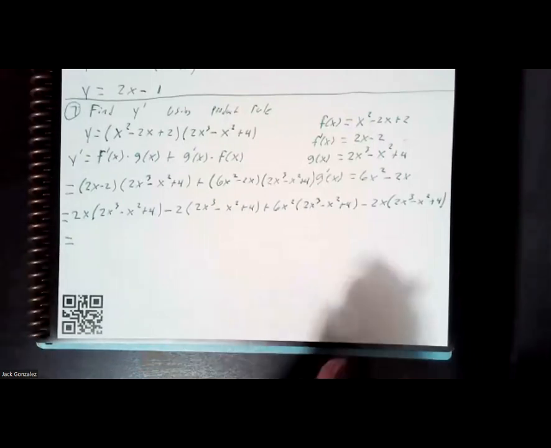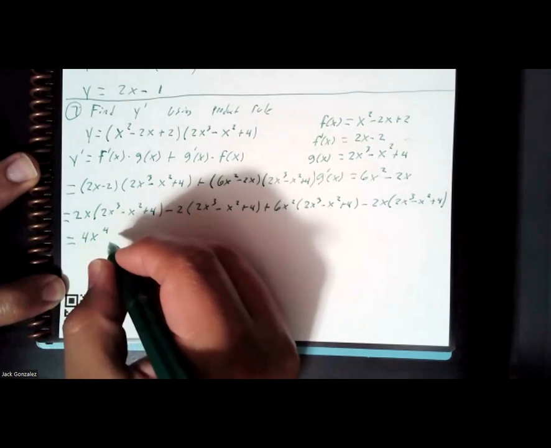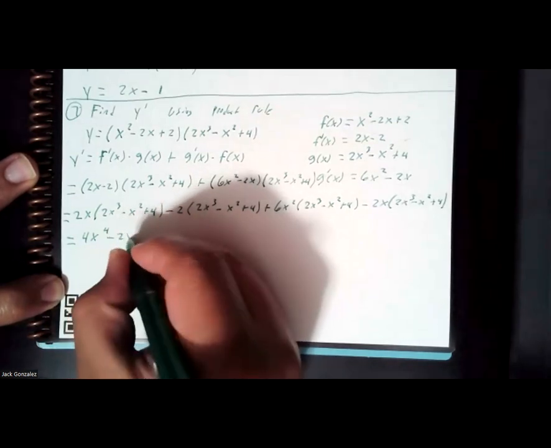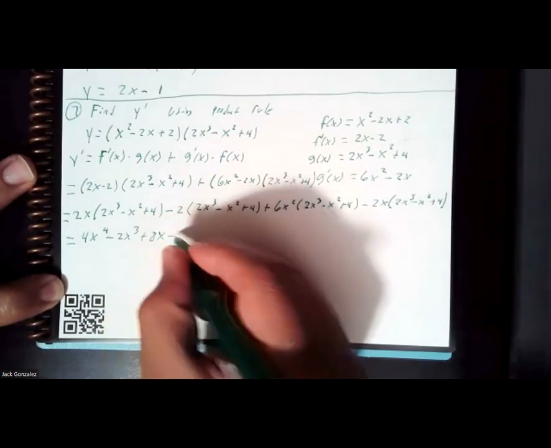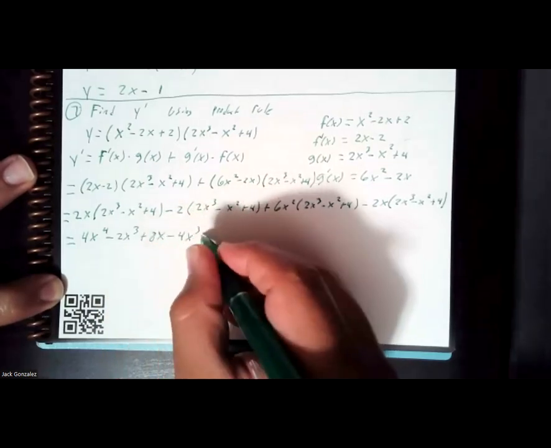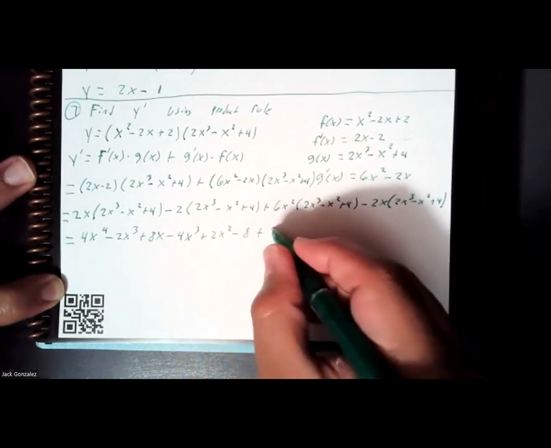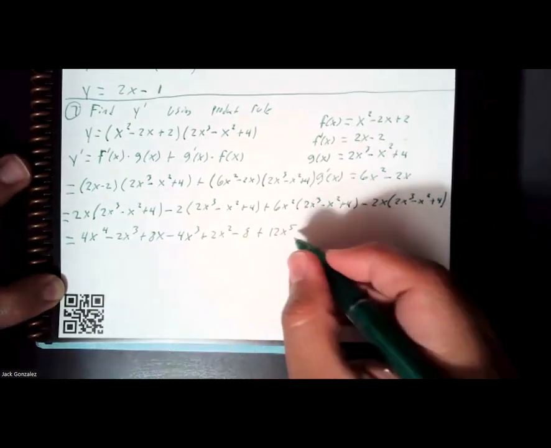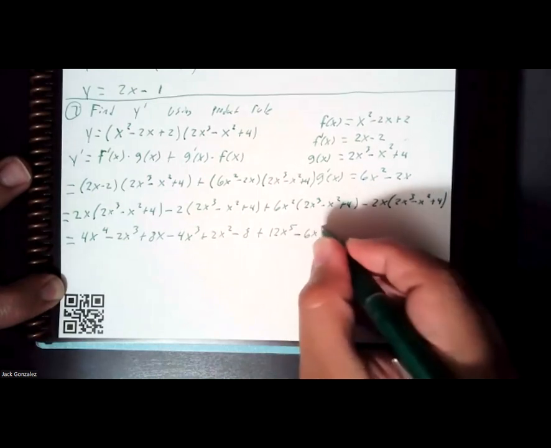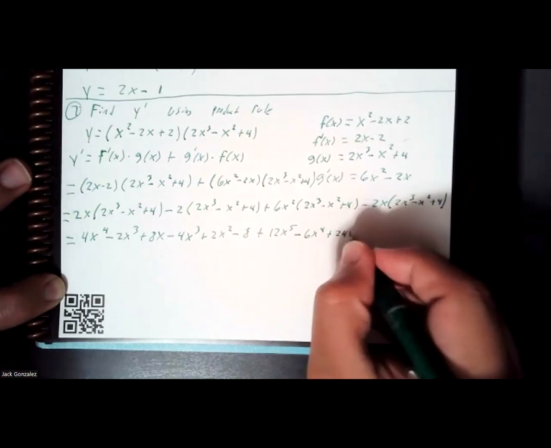Okay. So distribute and we'll get 4x to the fourth minus 2x cubed plus 8x minus 4x cubed plus 2x squared minus 8 plus 12x to the fifth minus 6x to the fourth plus 24x squared.